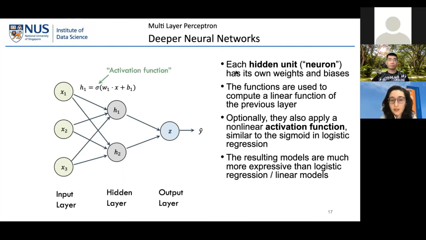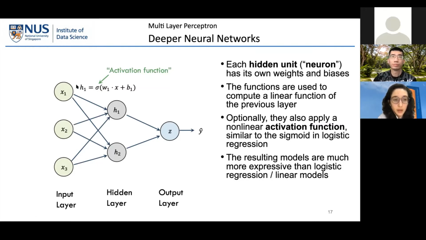Now, the idea in deep learning using the multilayer perceptron model is to use this very small neural network that we just saw as a building block, and to increase the number of layers, for instance by adding hidden layers.